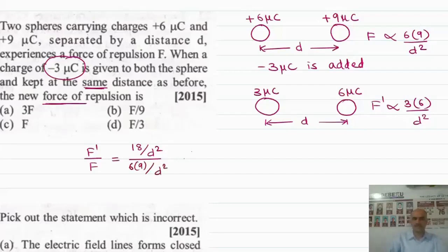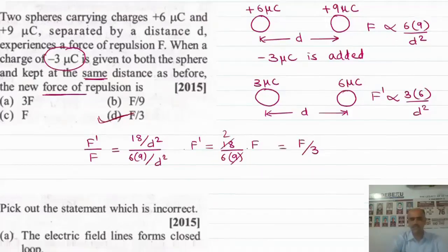The d square cancels, so F dash will be equal to 18 by 6 into 9 into F. Simplify: 9 2s are 18, 2 3s are 6, so you will get F by 3. So option D is the answer.